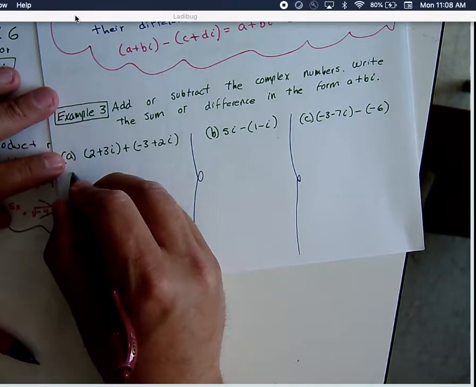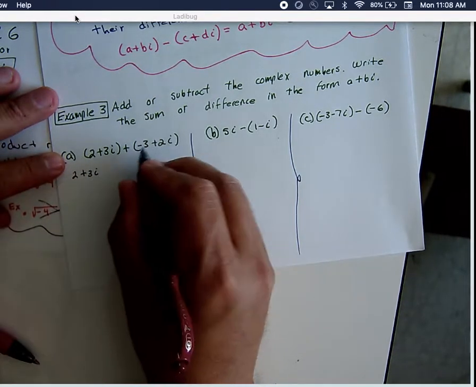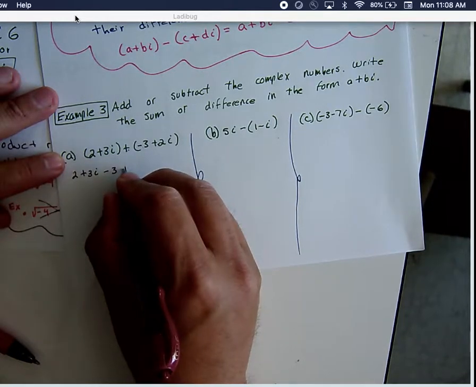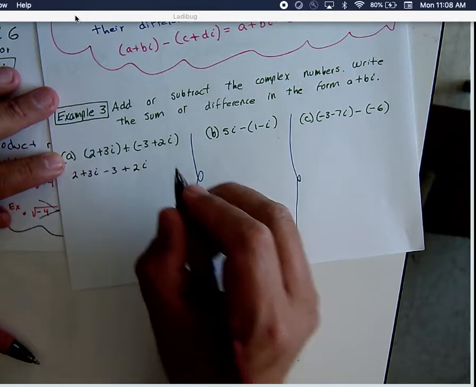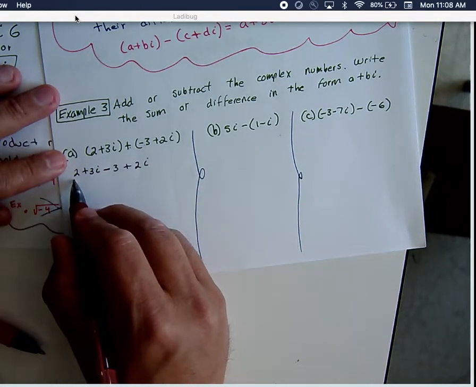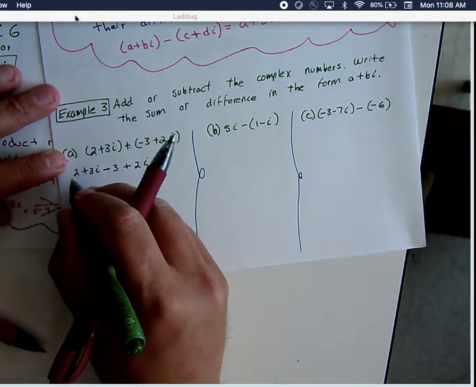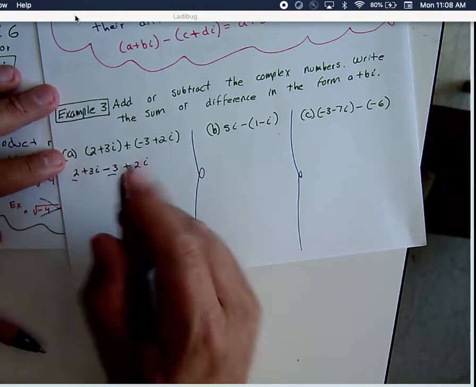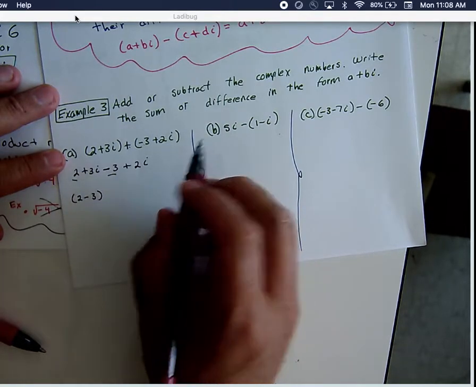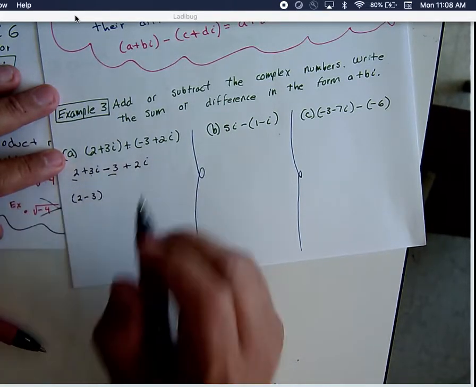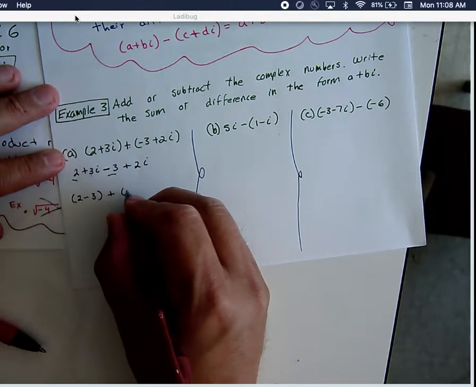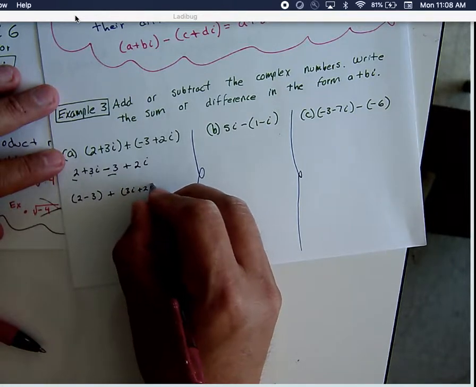So you would just put 2 plus 3i plus negative 3 plus 2i. So you're basically combining like terms. We're combining the 2 and the negative 3, so you would have 2 minus 3, and we are combining this and that, 3i plus 2i.